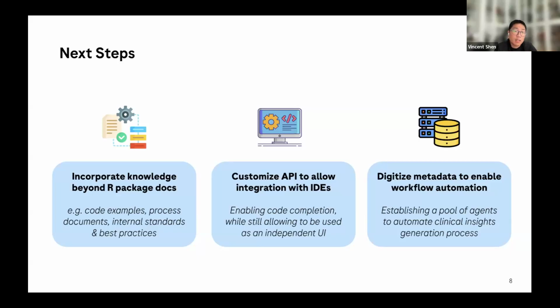Next, we hope to customize the API to allow better integration with the IDEs, for example RStudio or potentially Positron. Specifically, we want to enable code completion within the IDEs. As you know, you could have these features using, for example, GitHub Copilot.